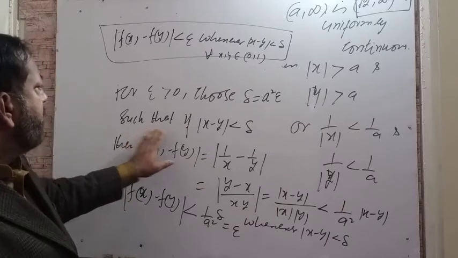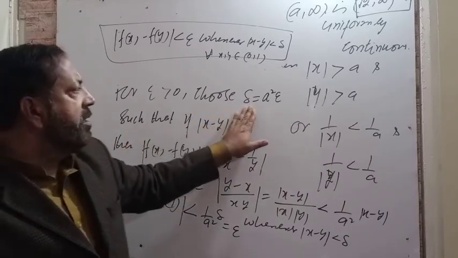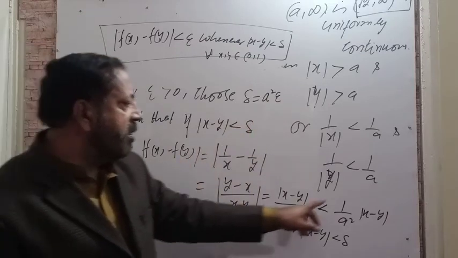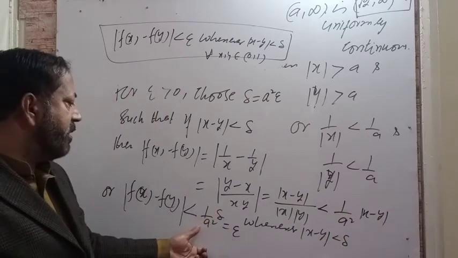And then if |x - y| is less than delta, then |f(x) - f(y)| must be less than (1/a²)|x - y|, which is less than delta/a².